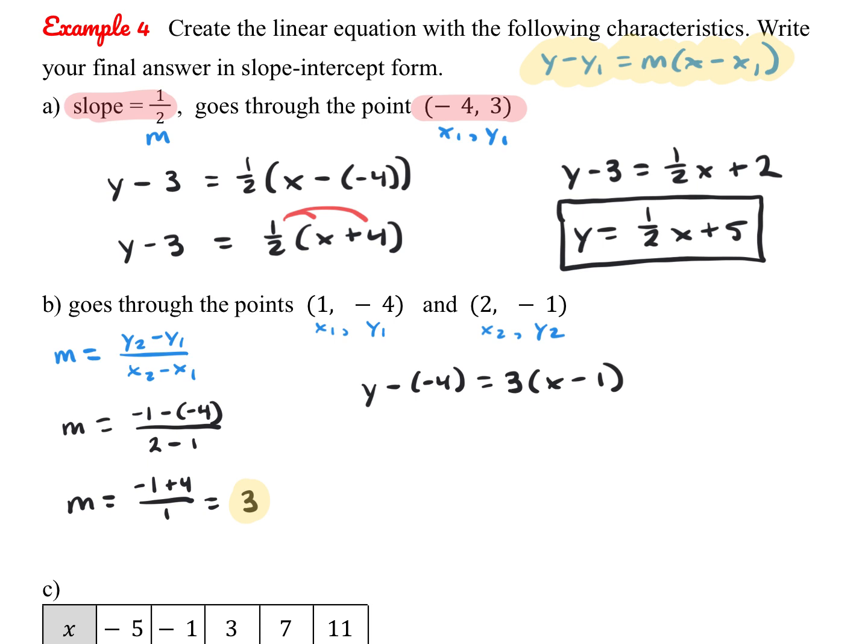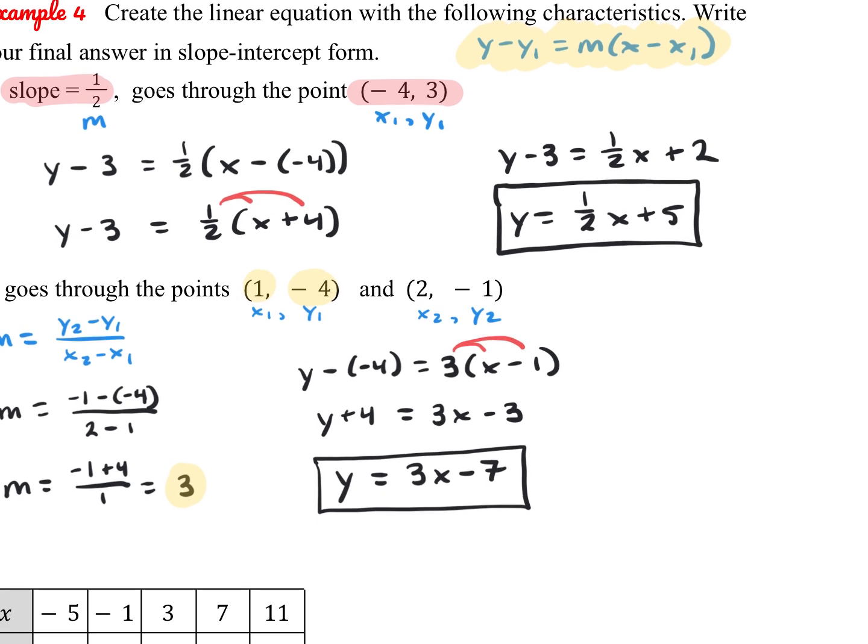So I just substituted 3 and then x1 and y1 here. So it gives us y plus 4 equals 3x minus 3. I distributed the 3 to my binomial. Then I'm just going to subtract 4 from both sides. So y equals 3x minus 7.